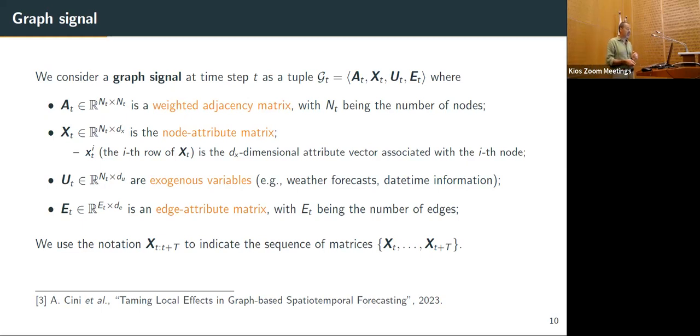Okay, with this notation from t to t plus capital T, it means that we are considering an interval of values, from here to here. A snapshot of your signal, or a snapshot of your graph stream.